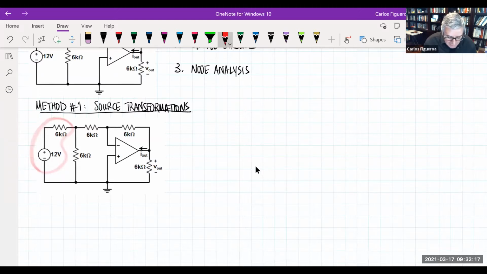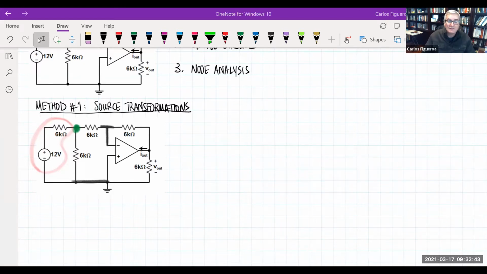Another thing you see is that this is ground right here. So when I look at this particular node, you can see that these two 6K resistors are in parallel because they're connected to the ground.